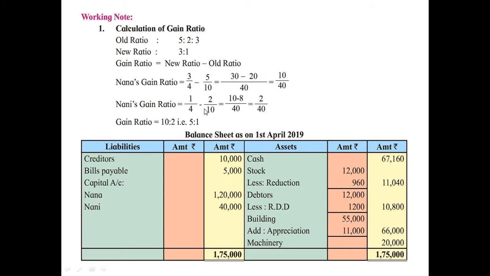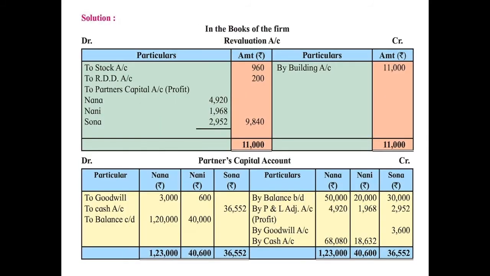So the gain ratio for Nana and Nani is 10 is to 2, that is simplified as 5 is to 1. 2 5s are 10. So 5 is to 1 is the gain ratio. So the share of goodwill for Sona is divided into the ratio of 5 is to 1 and it is recorded on the debit side of the partner's capital account. So in continuing partners columns, the amount of goodwill which is written off is recorded as 3600.